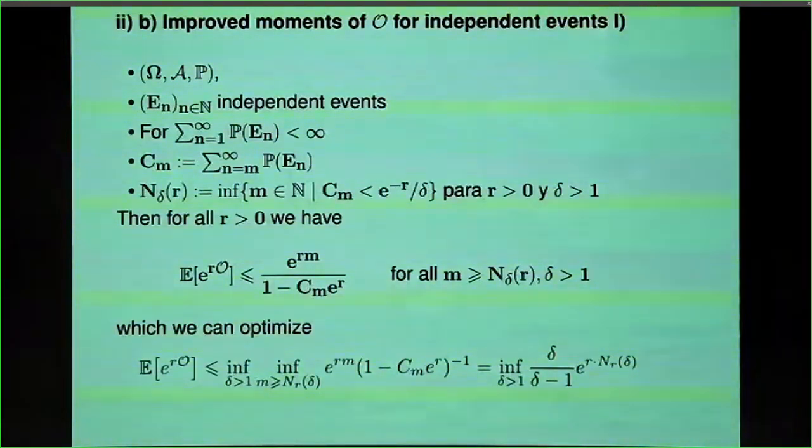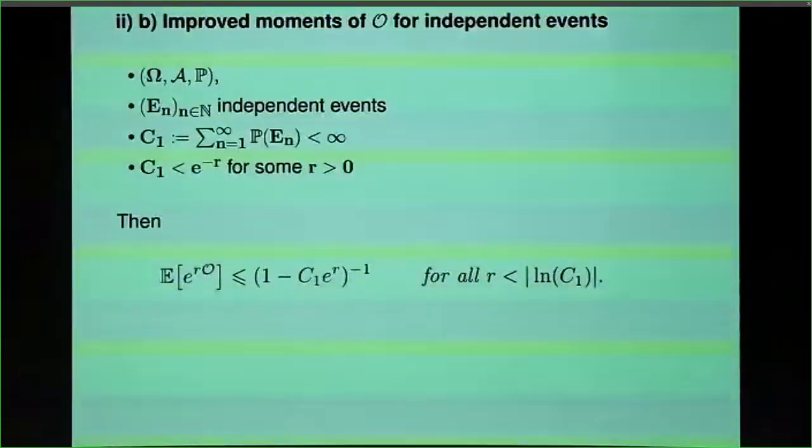We now take, for example, the CMs, and look at the inverse. What is the m such that CM is smaller than the quantity we had here? So we just start later. This is a special case where the sum is smaller than this.